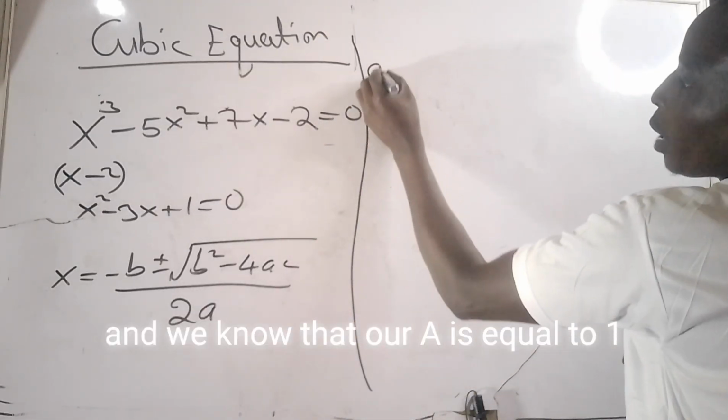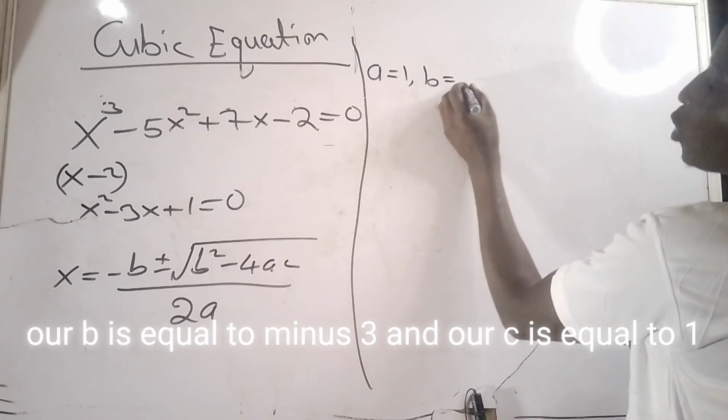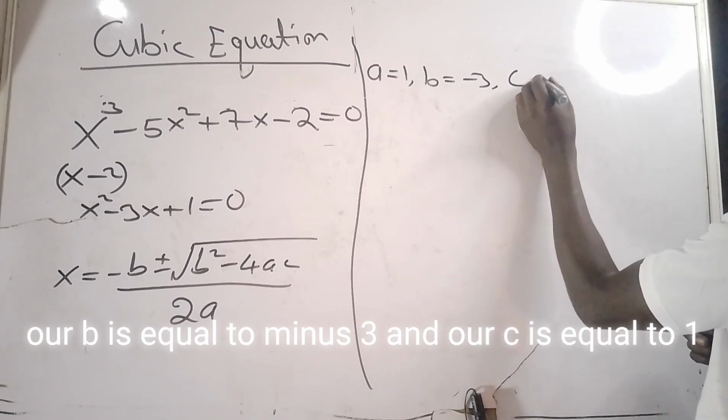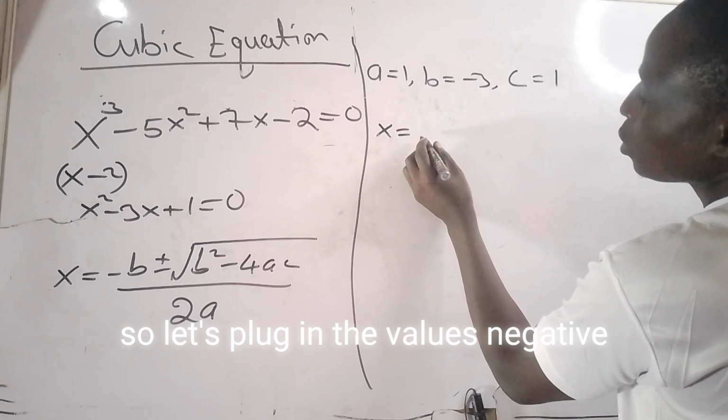And we know that our a is equals to 1, our b is equals to minus 3, and our c is equals to 1. So let's plug in the values.